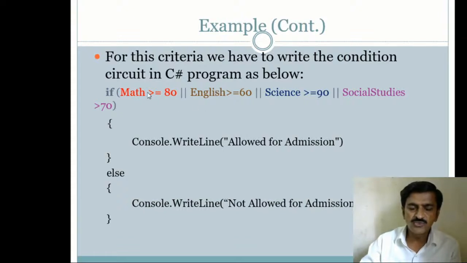If the first condition is true, the result of this whole if will definitely be true, because we have concatenated this series of conditions using the OR operator. If the first condition is true, all other conditions may be false, yet the result of the expression is true, so it executes the true block. Then this double OR operator definitely shortens the circuit. It will not evaluate the remaining conditions if the first condition is true.